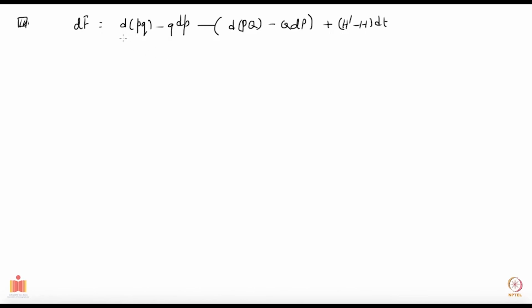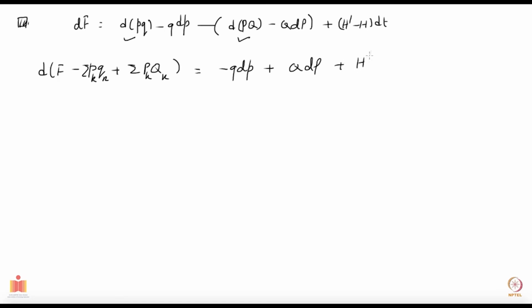So if I take this total differential and this total differential to the left and combine with f, I get d of f minus pq. So you have a summation over all these, and then you have a plus PQ. You have summation here as well, and this is what, minus q dp plus capital Q dP, this term, and of course our term with the differential of time.